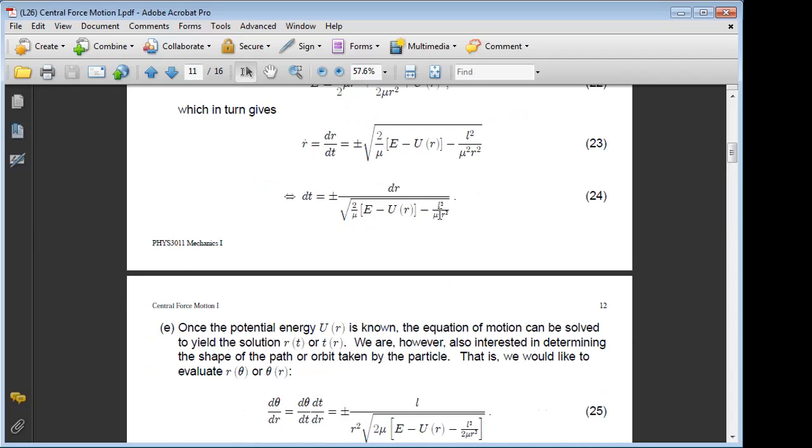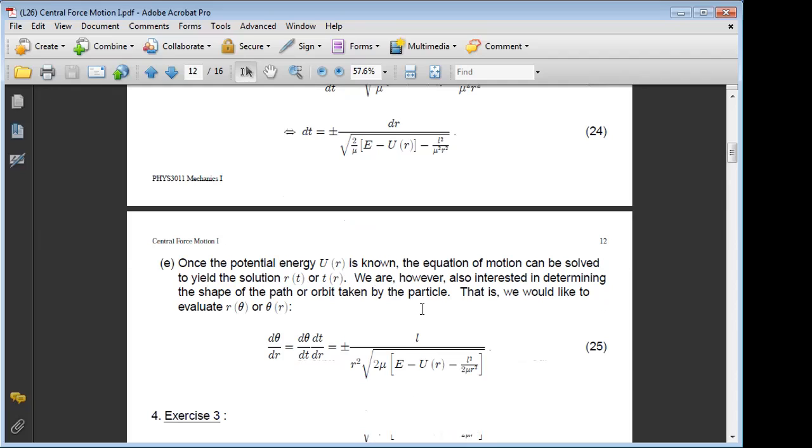Unfortunately, we only have a very small number of cases that can be solved analytically. So in other words, in most cases, analytical solutions are not available, and we have to appeal to numerical calculations.